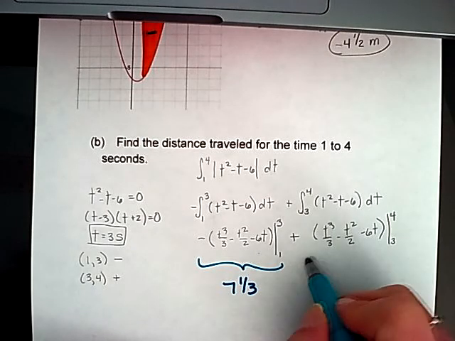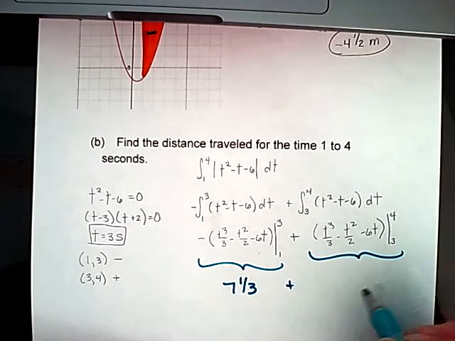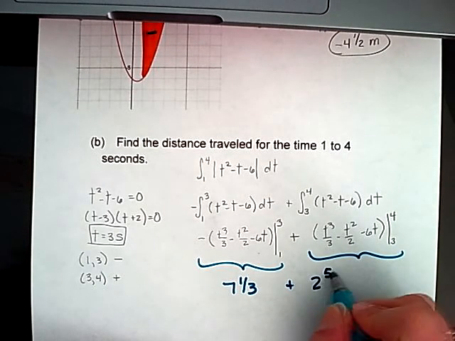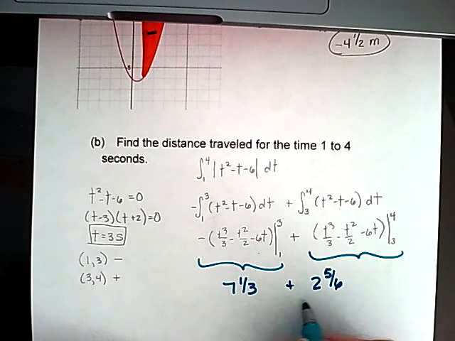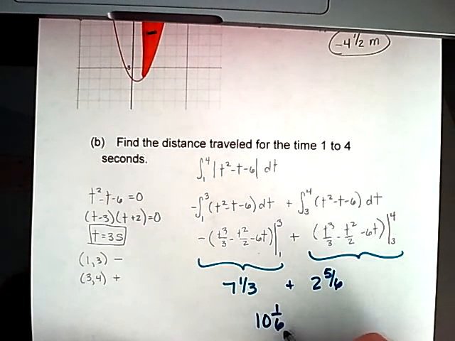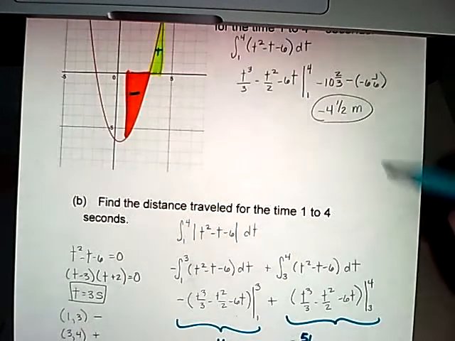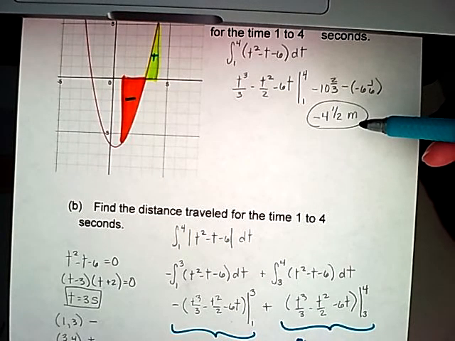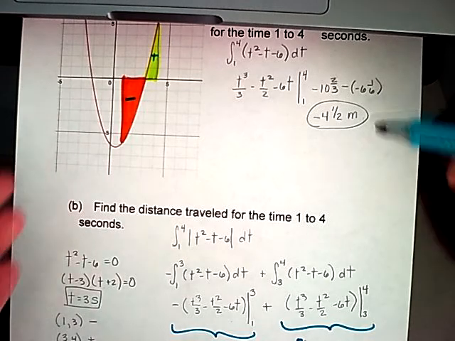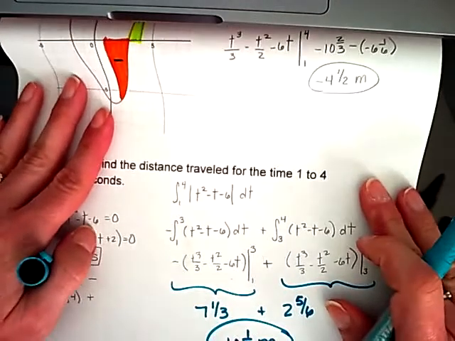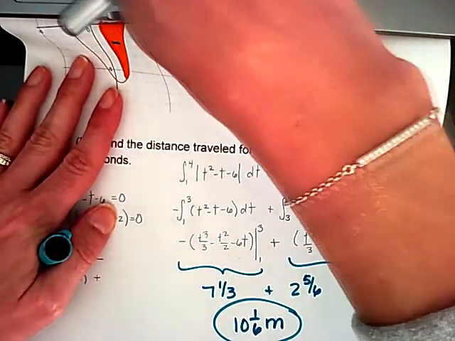For your second piece that you're going to add to that, you should end up with a 2 5/6. So the total distance traveled by that particle is 10 1/6 meters. You can see that the displacement moves more negatively, but the total distance should always end up being positive when you are done.